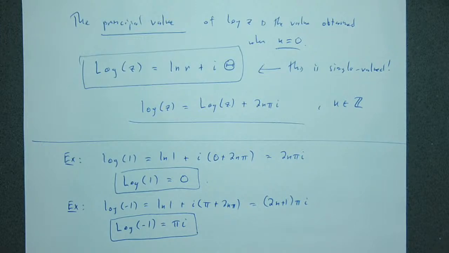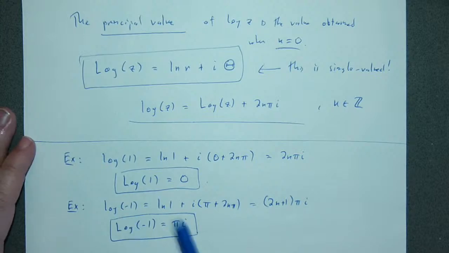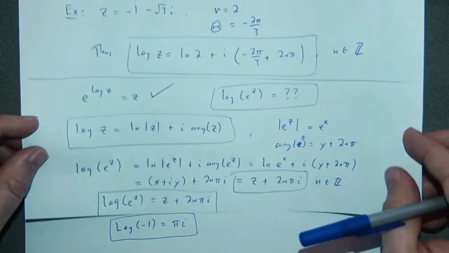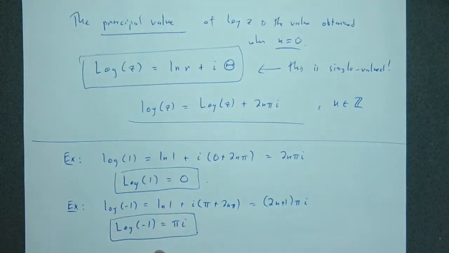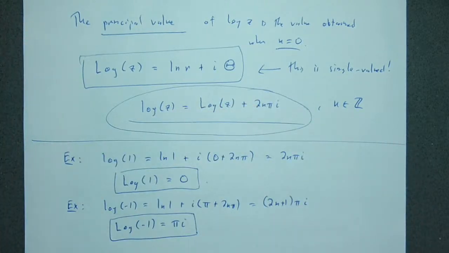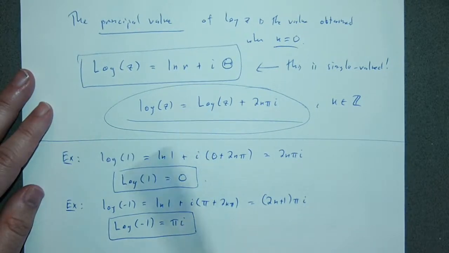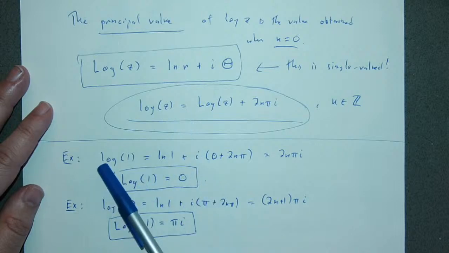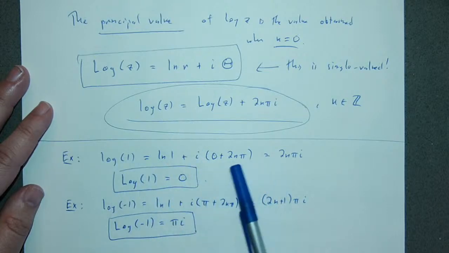Yekta, yeah. So the general log z and the principal value of log are related. I actually had it on the same sheet. So this is how they are related, right? This capital L Log is the principal value of the log, the value of the log where n is equal to 0. So you take n equal to 0 here, and you get this principal value.